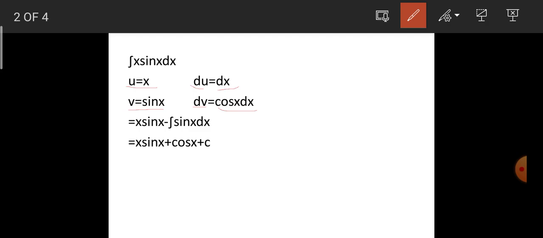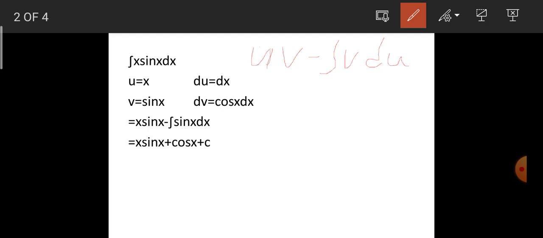As I said in the previous slides, the formula that we use in integration by parts, we need to memorize: uv minus the integral of v du.